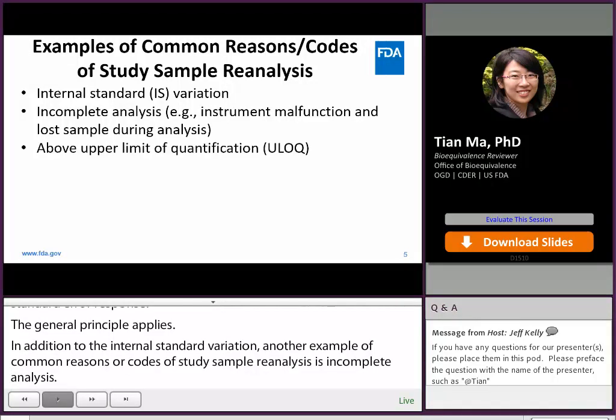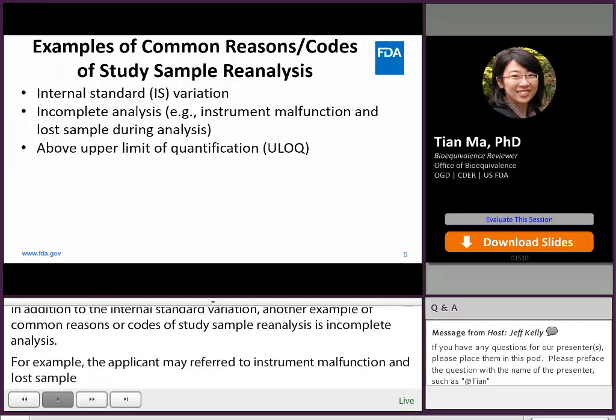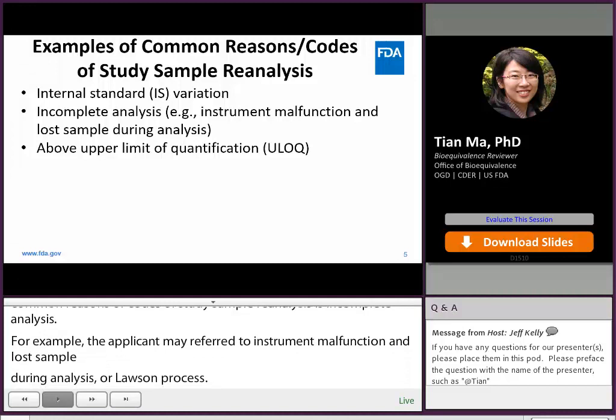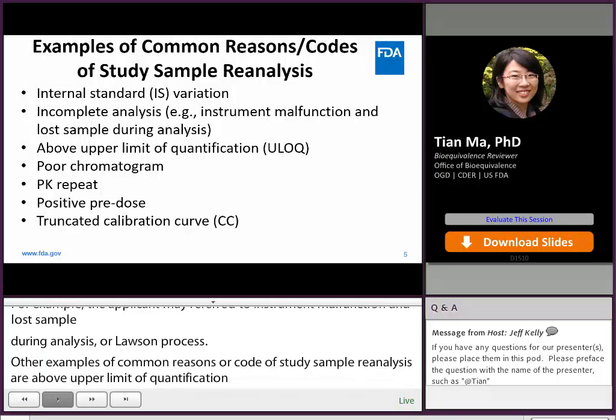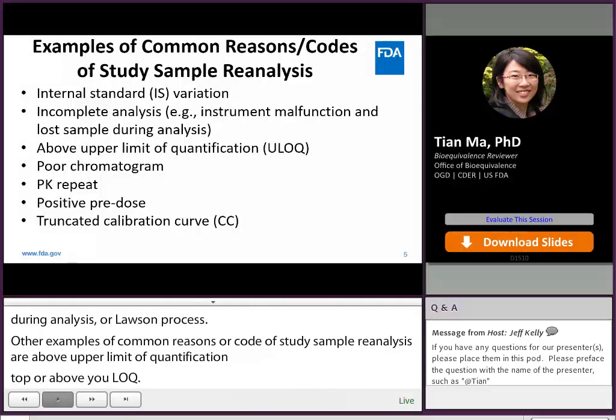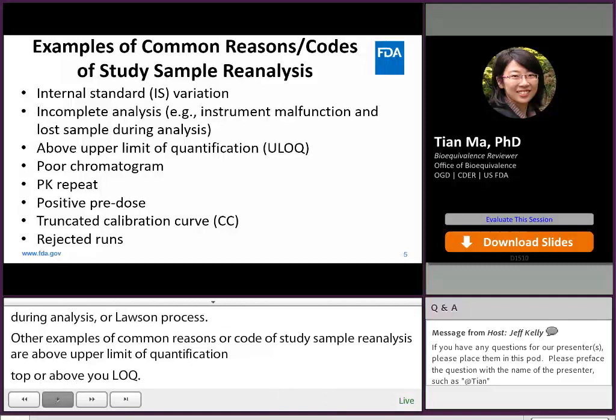Other examples of common reasons or codes of study sample reanalysis are above upper limit of quantification or above ULOQ, poor chromatogram, PK repeat, positive predose, truncated calibration curve, or sometimes referred to as highest and/or lowest standard did not meet the acceptance criteria, and also rejected runs.